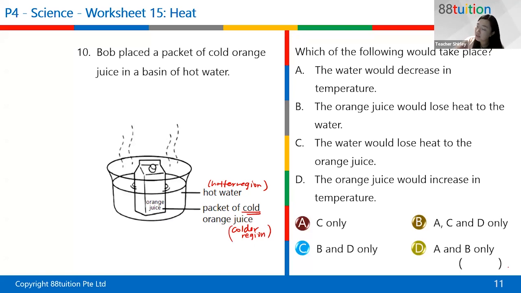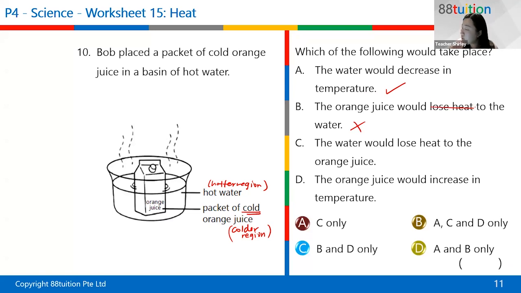The water will decrease in temperature. That is true because when the heat is transferred from the hot water, it will decrease in temperature. Now option B, the orange juice would lose heat to the water. That is wrong.